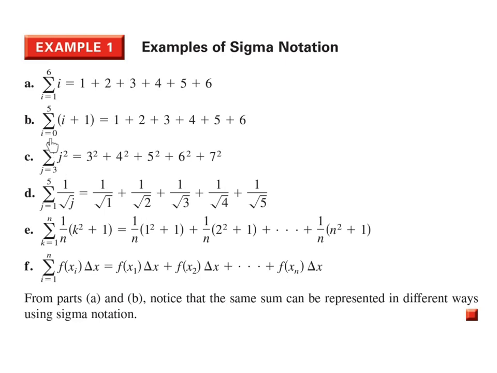And part B is an example where you start with 0 and end with 5, and your rule won't be i, but it'll be i plus 1, and you'll have all the same terms and the same sum. So you can write two different summations and get the same result, whatever 1 plus 2 plus 3 plus 4 plus 5 plus 6 is.